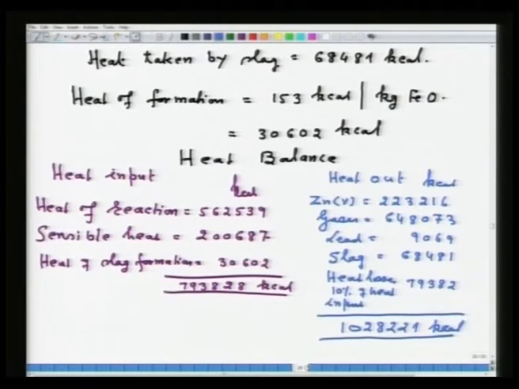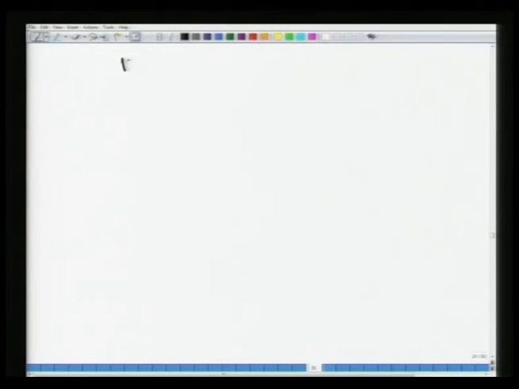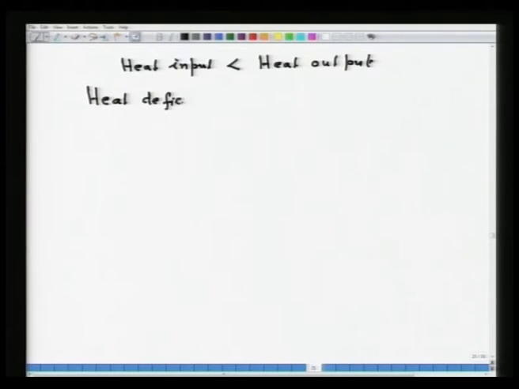So, what does this calculation suggest? This calculation suggests that heat input is less than heat output. So, there is a heat deficit, and you have to subtract.